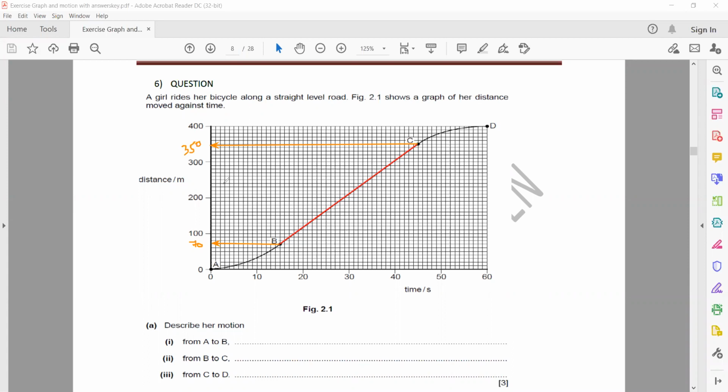So this will be 350. So when it was at B, the distance was 70 meters. When it is at C, the distance traveled is 350 meters. So what is the distance traveled between B and C? 350 minus 70, which equals 280 meters. That's the distance traveled.